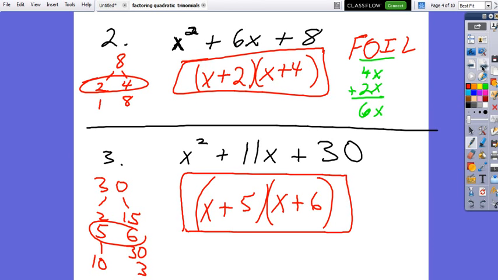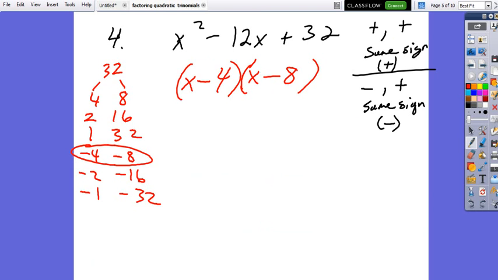This is a little different because we have a negative in the middle. So in this problem, we've got a minus here in this middle term. But we're going to do it the same way. Notice that the middle term is negative, the last term is positive.